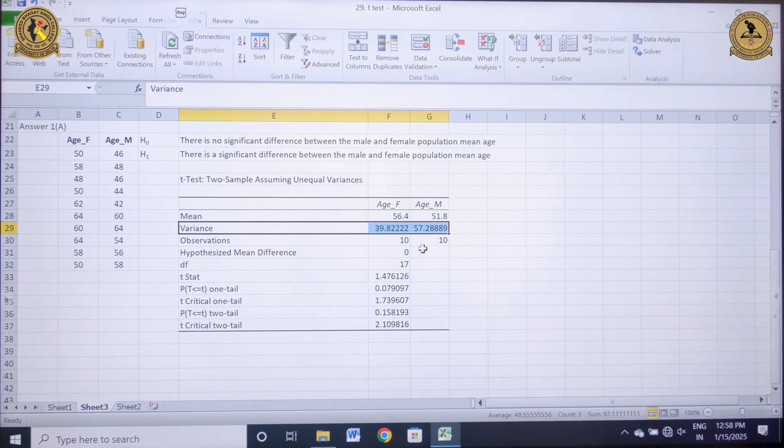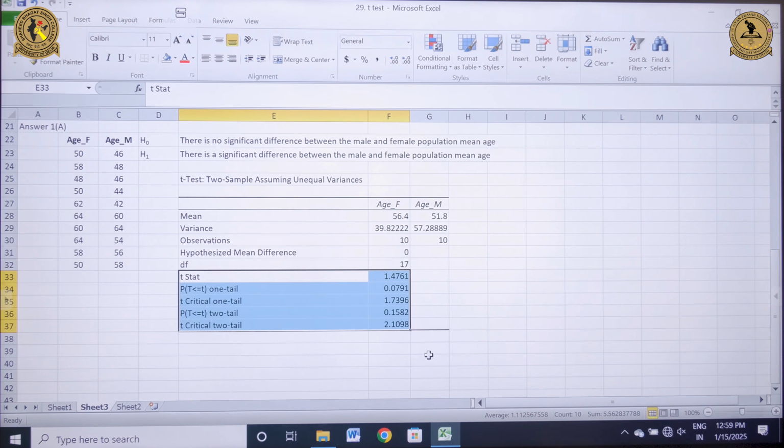Similarly, the sample variance of female population age is 39.8, while for the male it is 57.289. Total number of observations is 10. Hypothesized mean difference is 0, and degrees of freedom is 17. T-statistic is 1.4761.